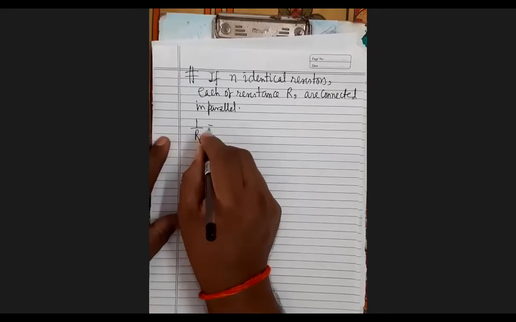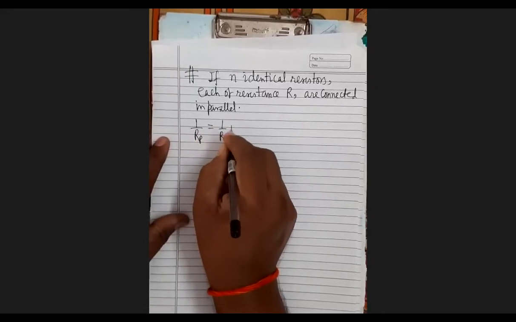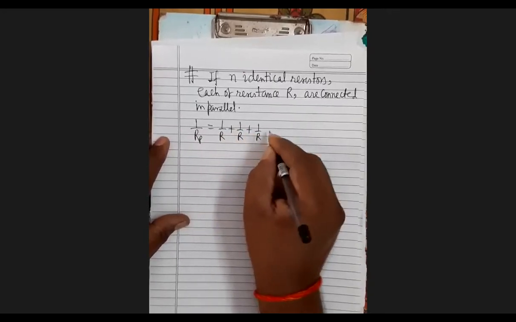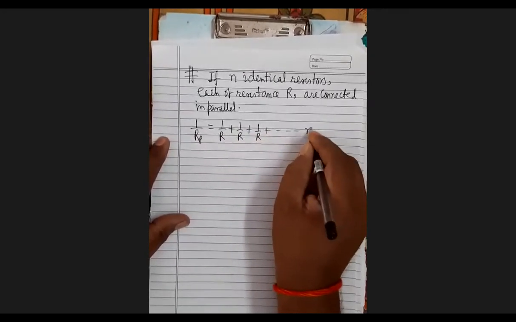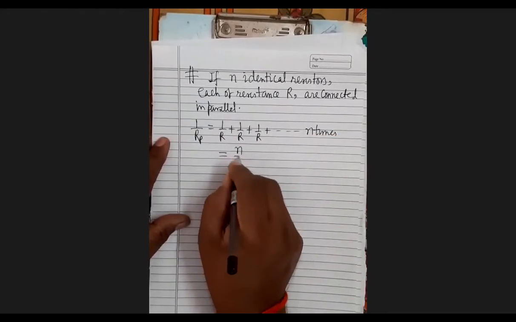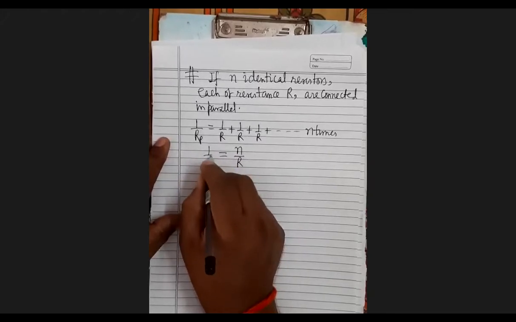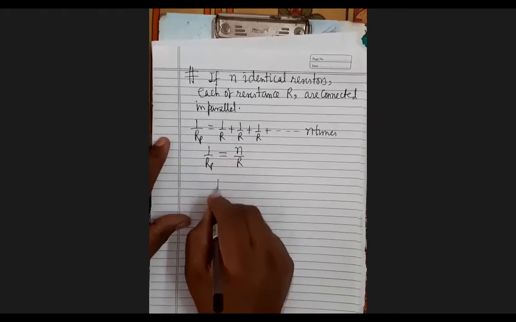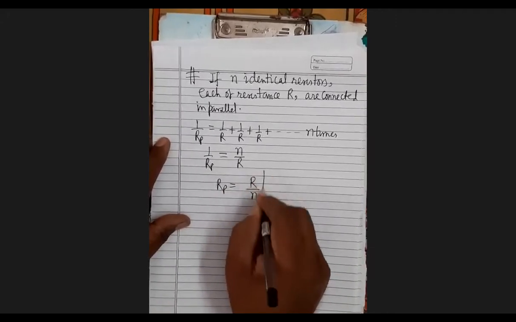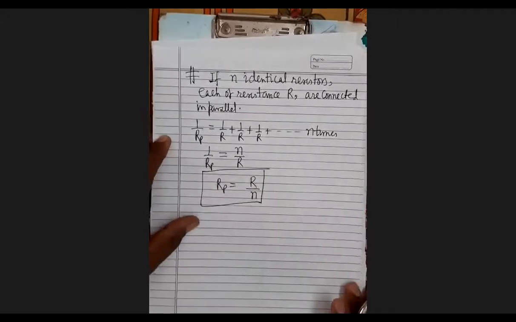You can write 1 upon R plus 1 upon R plus 1 upon R. How many times? n times. So it will be equal to n upon R. So what is Rp? Rp equals R upon n.